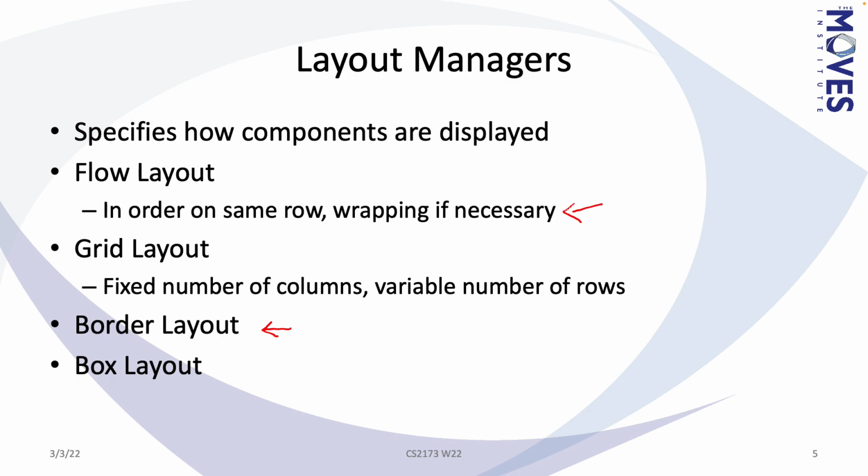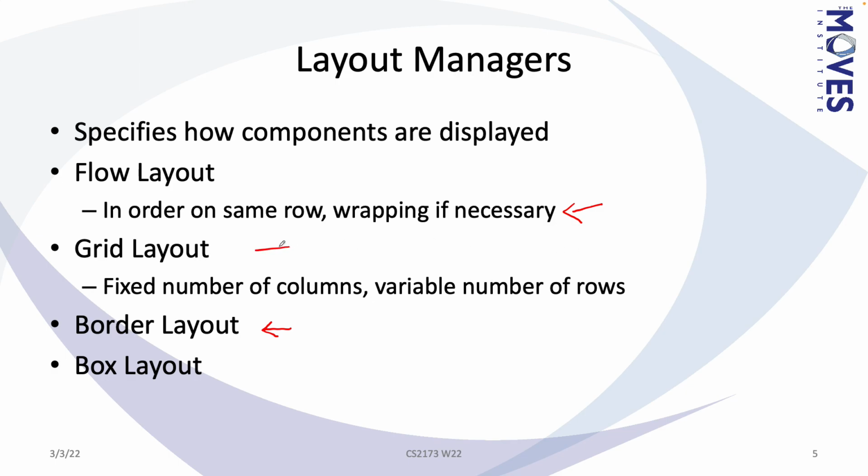What the flow layout does, and we'll see an example of this, is take your widgets, whatever they are, and lay them out in the same row. The flow part is that, depending on how big the window is, it'll wrap around. Again, we'll see an example of that.